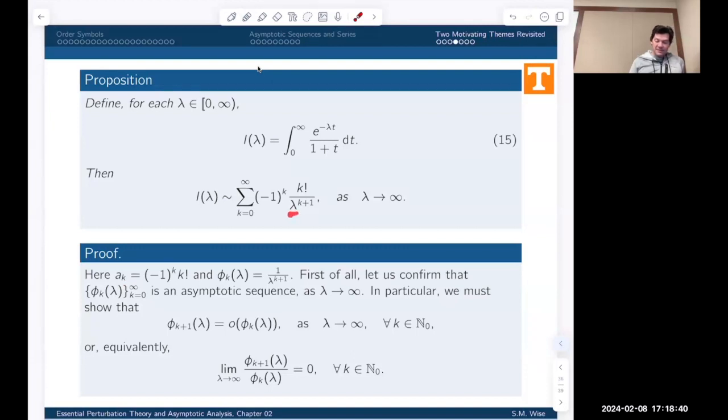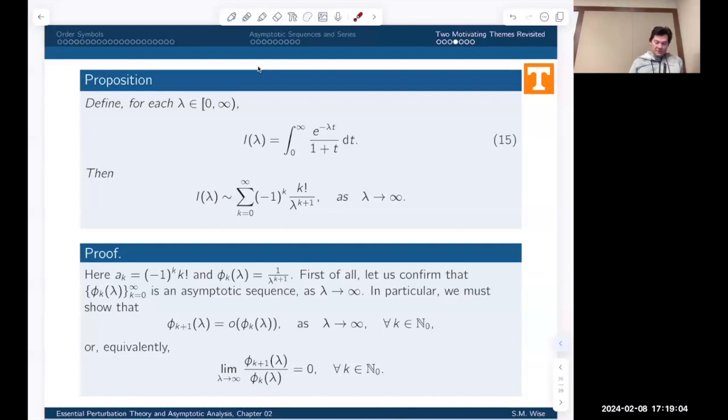Notice that this series, we said, for finite values of lambda does not converge. We've already established that. It's not a convergent series, but it is an asymptotic series, okay? So we first have to show that we have an asymptotic sequence, and I'm going to skip that part because that's fairly straightforward.